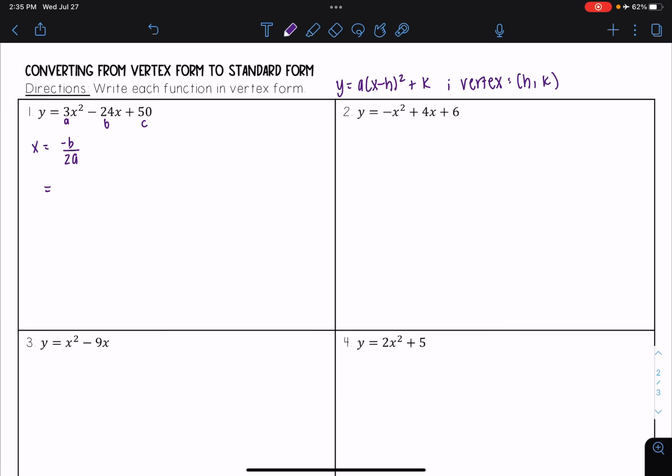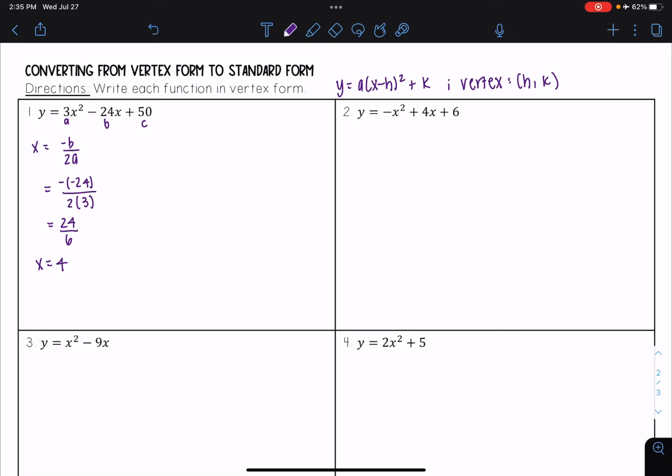So I do this opposite of b, so I have the opposite of negative 24 over 2 times a, which is 3. Well, the opposite of negative 24 is just positive 24 over 2 times 3, which is 6. And then 24 divided by 6, I get that x is equal to 4.